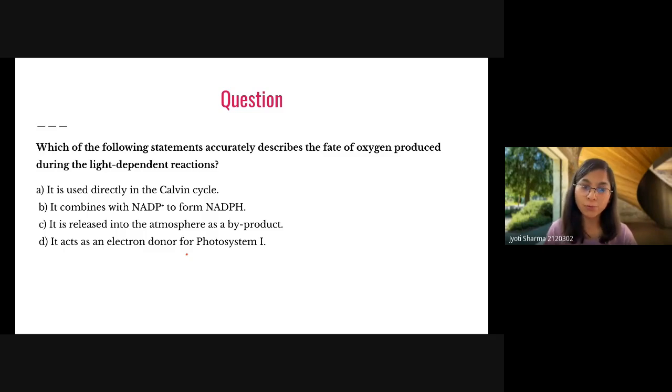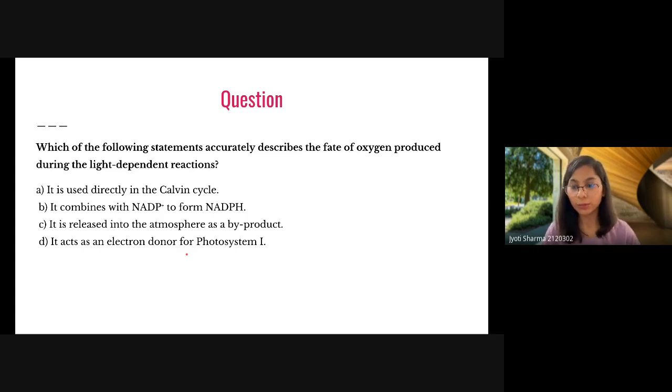And we have four options. It is used directly in the Calvin cycle. It combines with NADP to form NADPH. It is released into the atmosphere as a byproduct. And the last option is it acts as an electron donor for photosystem 1.